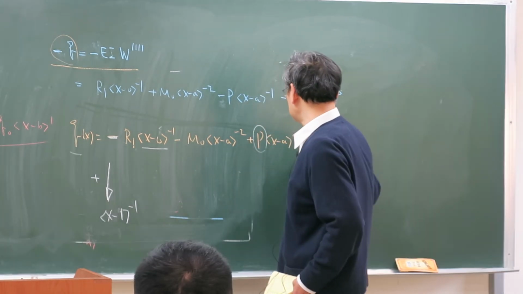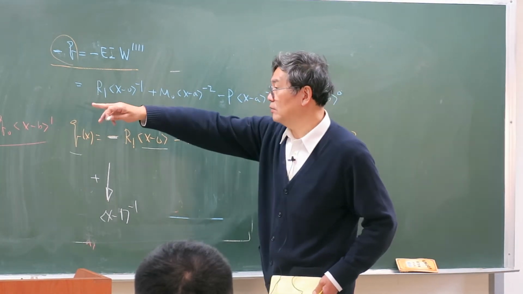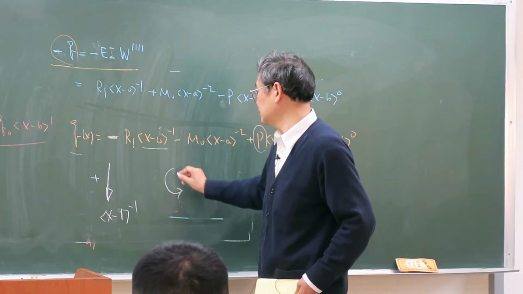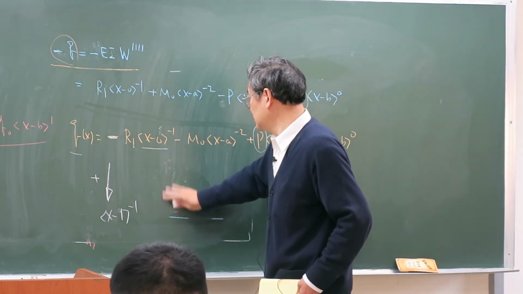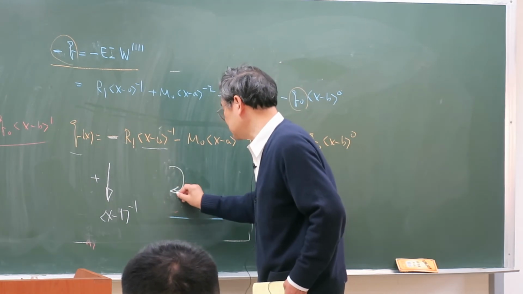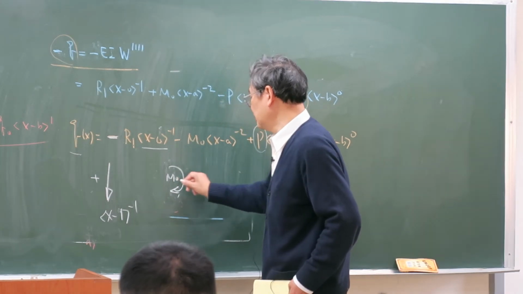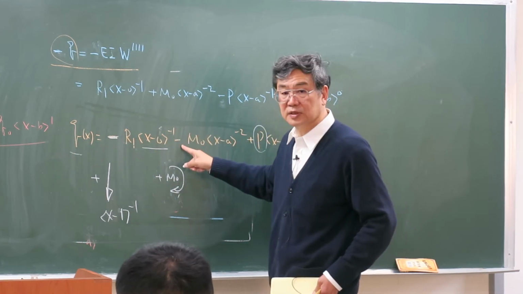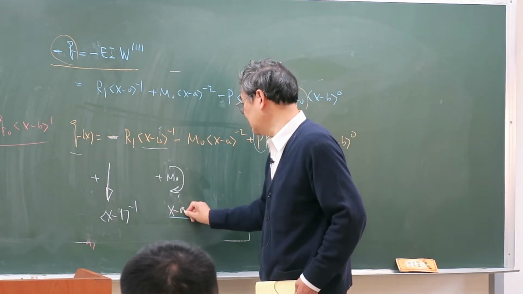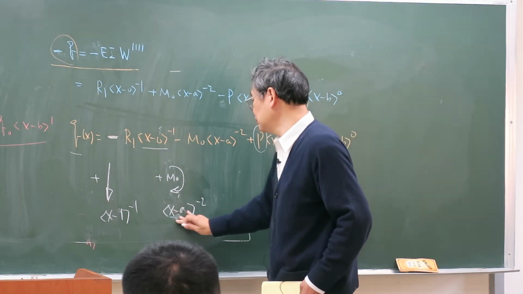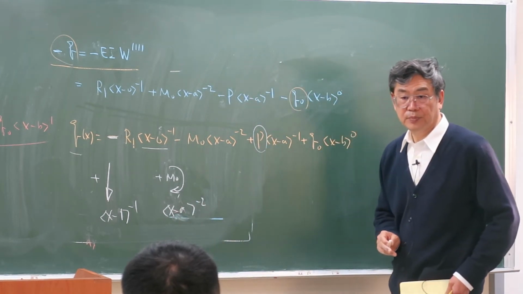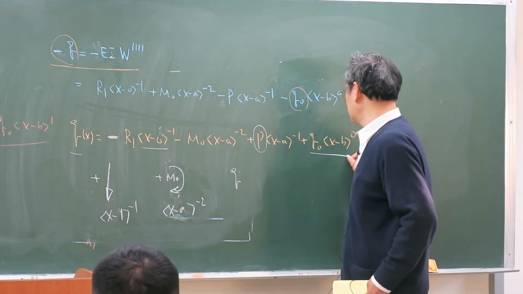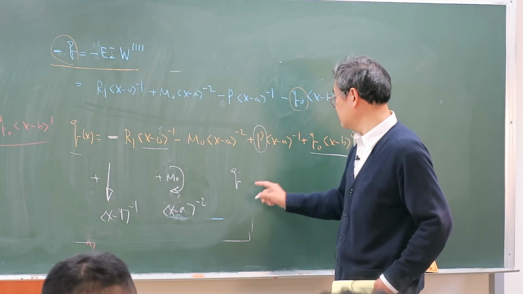Okay, for the concentrated moment, the one we apply is counterclockwise. We say clockwise is positive. So here, that one is counterclockwise. We use a minus, but its order is x minus a to the −2 for a concentrated moment. For distributed loading Q, downward is positive.